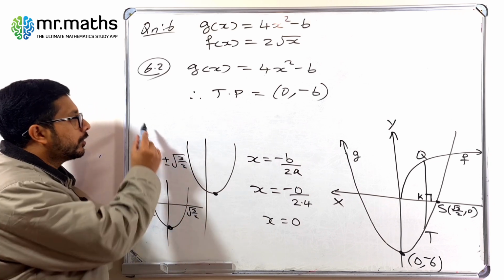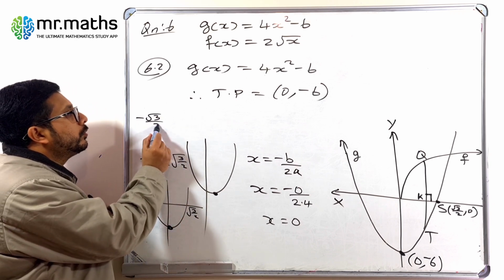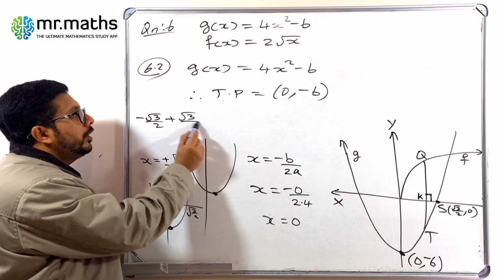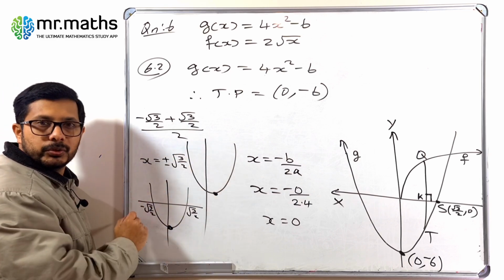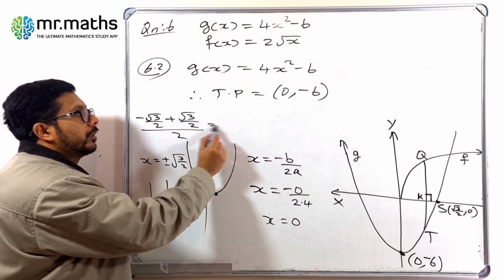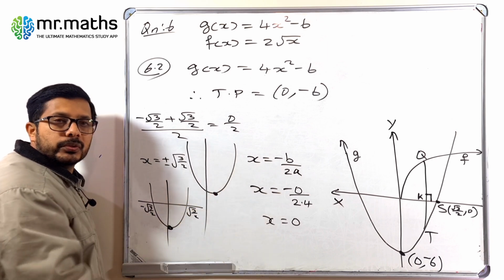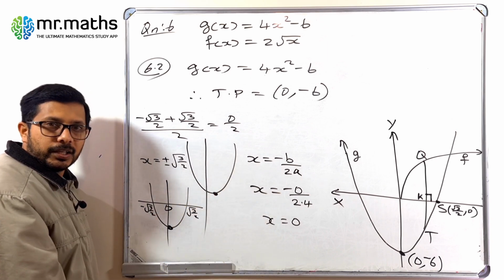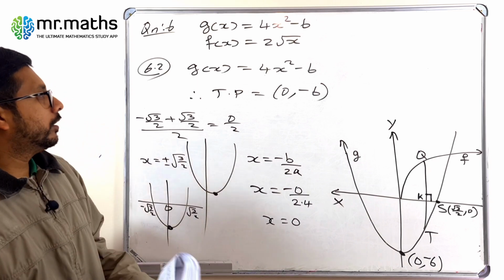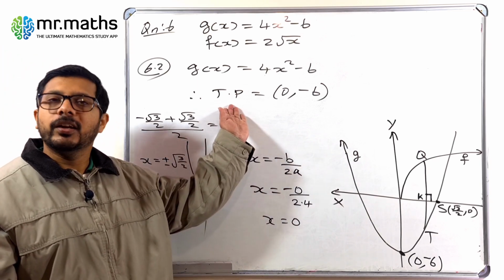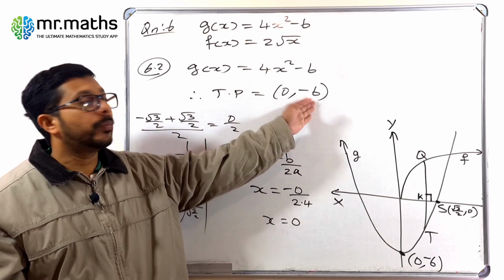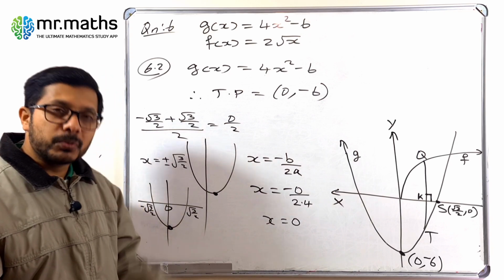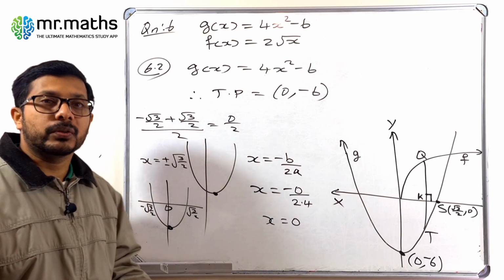How can you find the middle? Add them and divide by 2. What is this? 0 divided by 2. Like that also the x value is going to be 0. So there is nothing to worry about. Or you can directly write 0 comma minus 6, no problem. Those who have some doubts, I just explained, that's all.